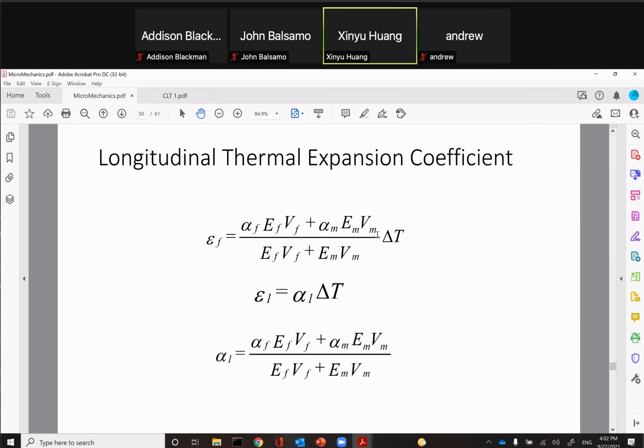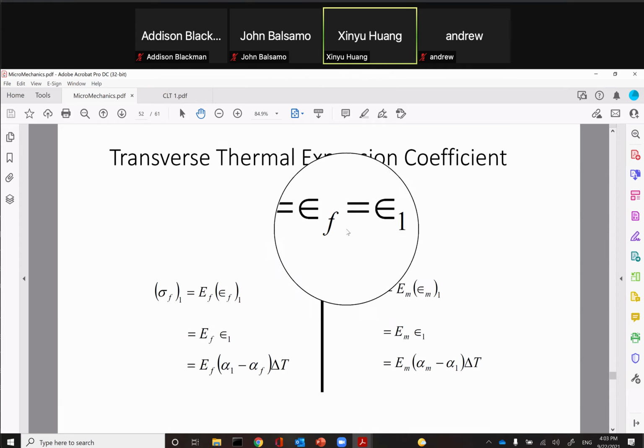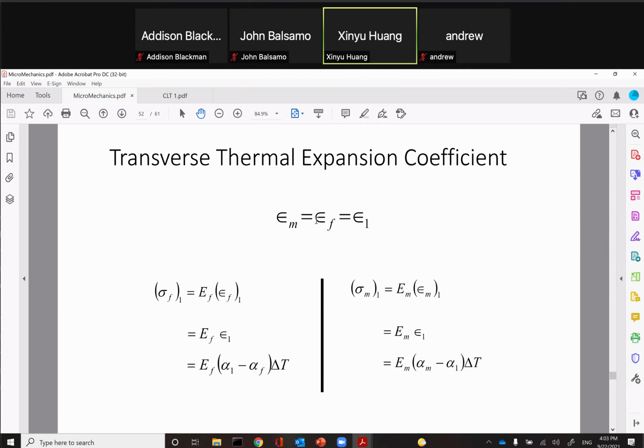So when the fiber and matrix are bonded together, we look at the transverse direction expansion. This condition is enforced. We're basically saying you can grow whatever you want in the transverse direction, but you have to guarantee that in the one direction they are bonded together. You don't grow to different heights.